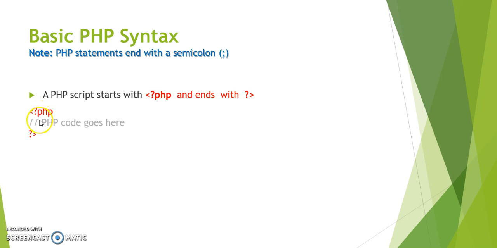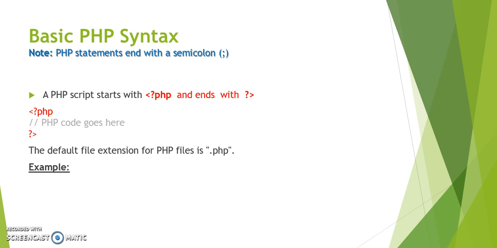In this area, your PHP goes right here. We have already talked about this, but we can still emphasize it. The default file extension for PHP files is .php, just like in HTML you put .html, and CSS goes with .css.